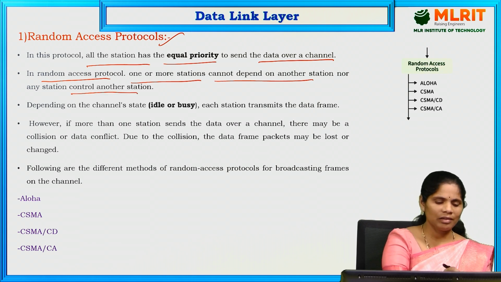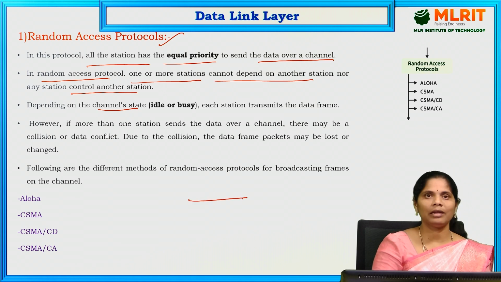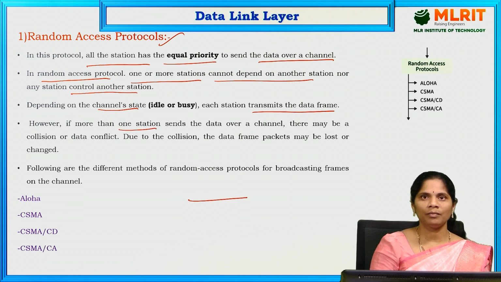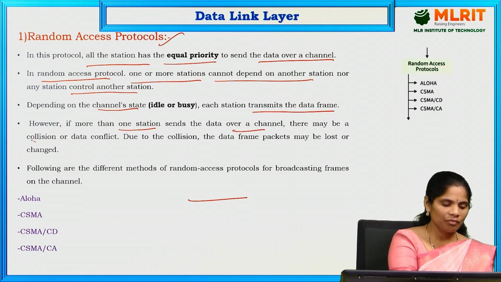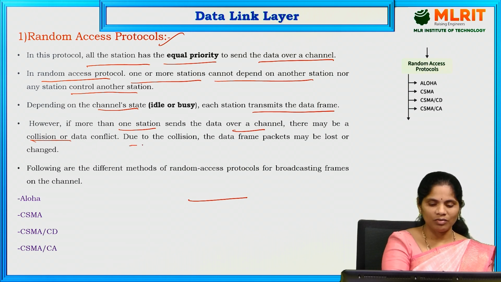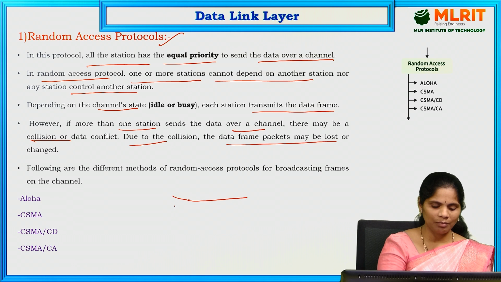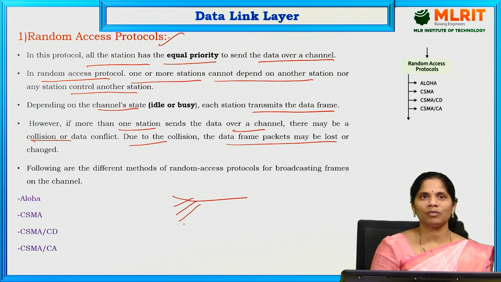Depending on the channel state, meaning whether the channel is idle or busy, based on that only we send the data. Each station transmits the data frame. However, if more than one station sends the data over a channel, there may be a chance of collision. Due to that collision, the data frames may be lost. If we send multiple frames at a time, there may be a chance of losing the data frames.